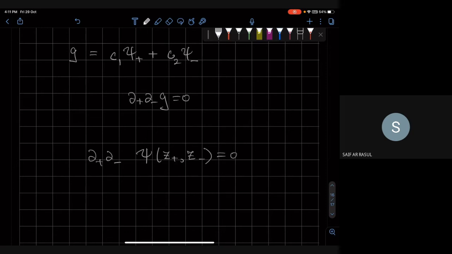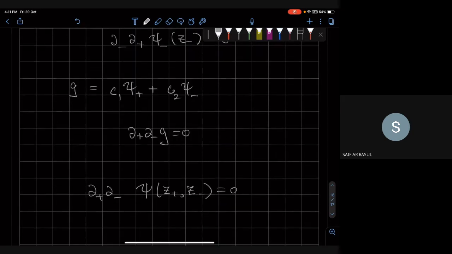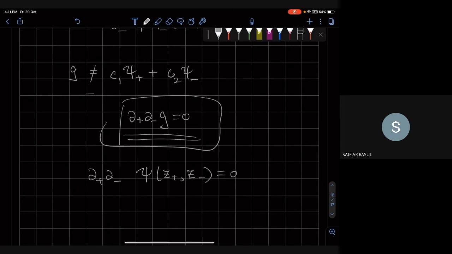I guess a function of anything other than Z plus or Z minus. So you're saying what if G was not like this, but it is still a solution to this, right? Yeah. And I think you can just show that this is not true, because you can just integrate this equation and you'll find that this is the solution. You just integrate it, right?